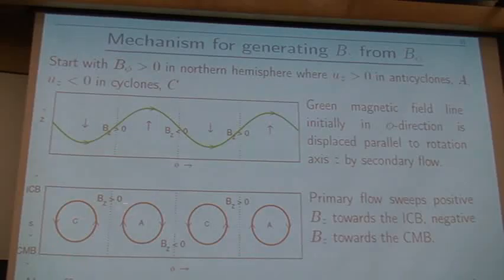This is basically a low Rm picture. Now, why do I say that's a low Rm picture? I say this is a low Rm picture because when that Bz was generated as positive there, I said it was pushed up there. If, of course, I was at really high Rm, it wouldn't just stay there, it would go round and round and round and round.